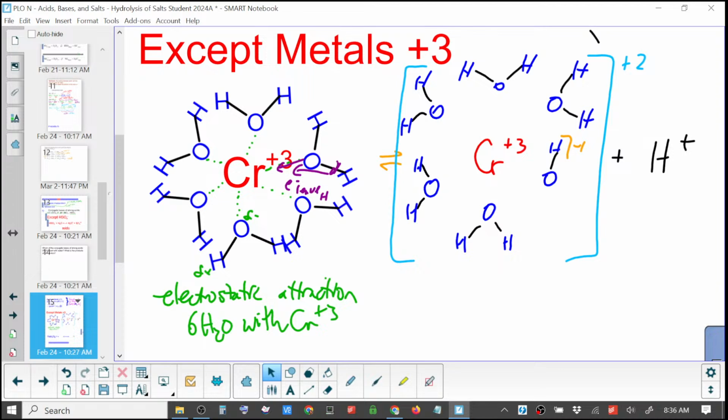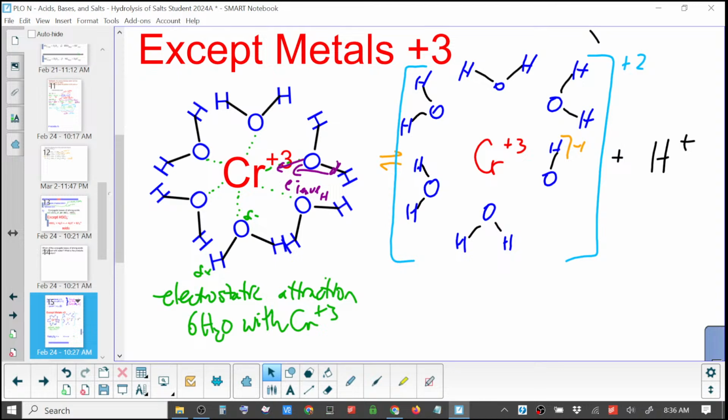Or is it so strong it pulls the electrons out of that bond? The electrons just slide on over to the oxygen, because this oxygen has its lone pairs of electrons being pulled towards the chromium. That's it pulling electrons away, so it pulls more electrons from here, and then eventually that just pops off.